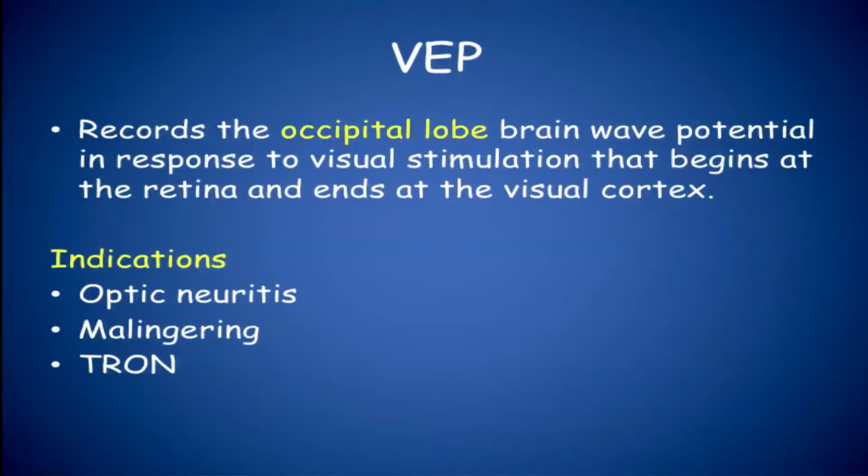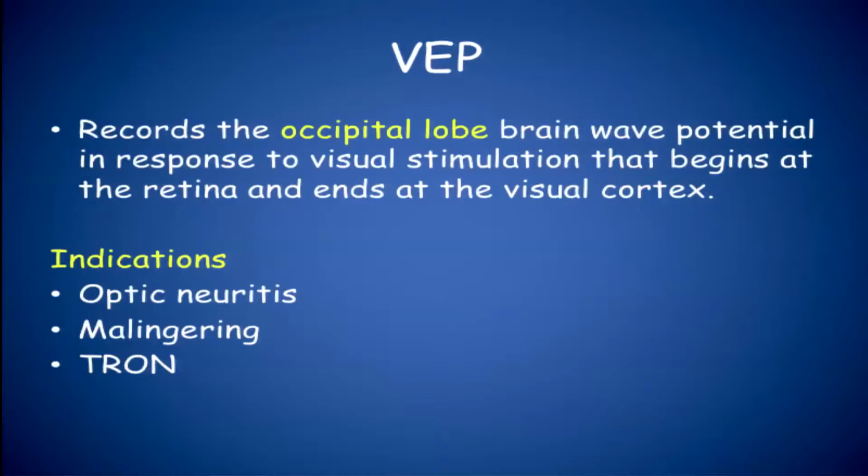It is as good as relative afferent pupillary defect, but it becomes objective: you get it on paper that the patient has an afferent defect. It records the occipital lobe brainwave potential in response to visual stimulation that begins at the retina and ends in the visual cortex. All this while we were talking about the eye from cornea to retina. This is right to the occipital lobe.